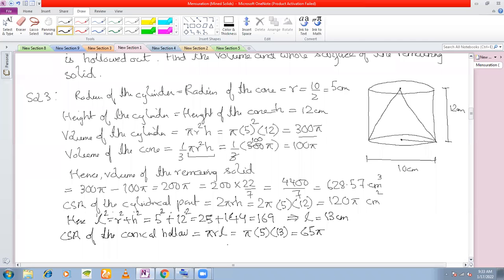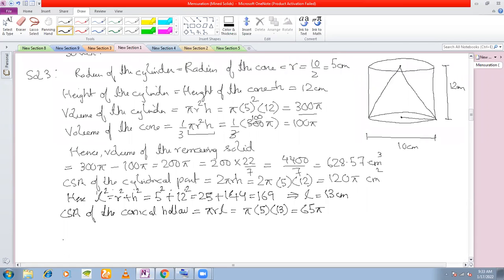What is left? Only the circular top part. Area of the circular top will be pi r square. So pi, radius is 5, which is 25 pi.